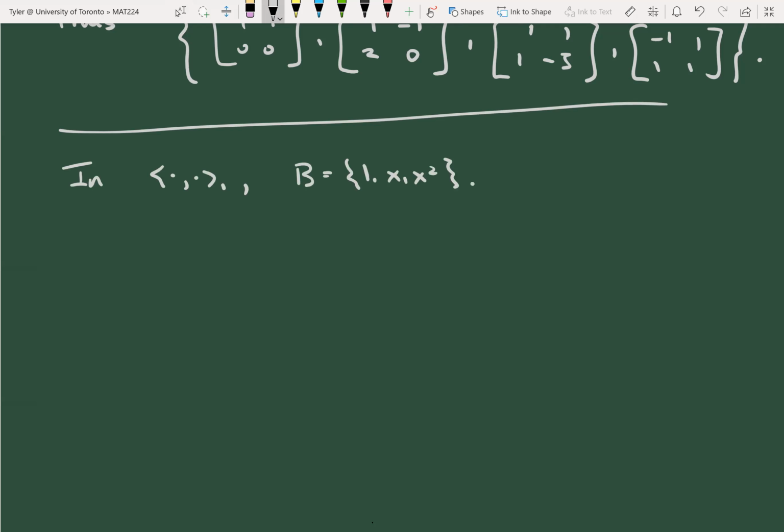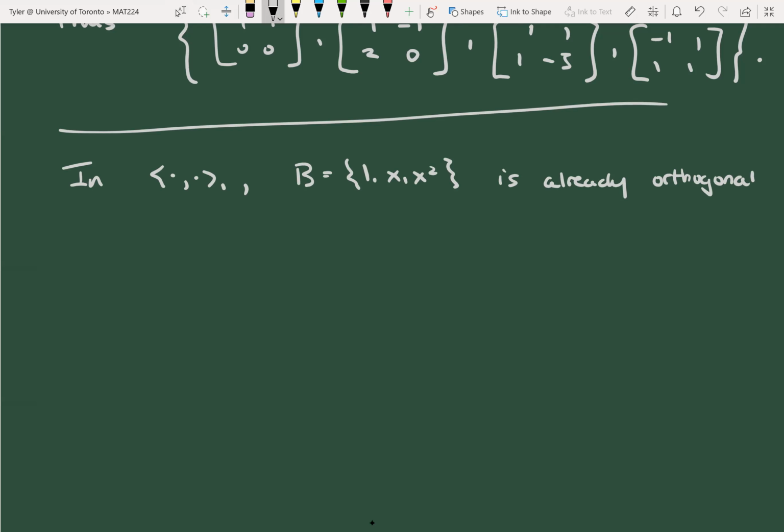So I got 1, x, it's just itself, right? If you apply Gram-Schmidt to a basis which is already orthogonal, it just returns itself.